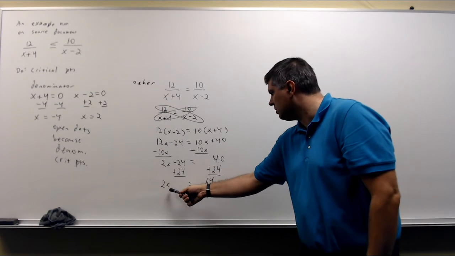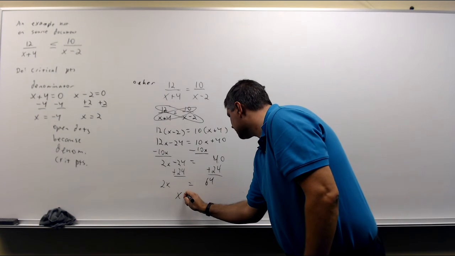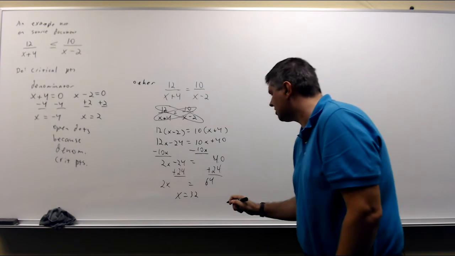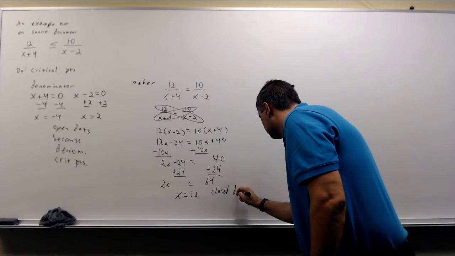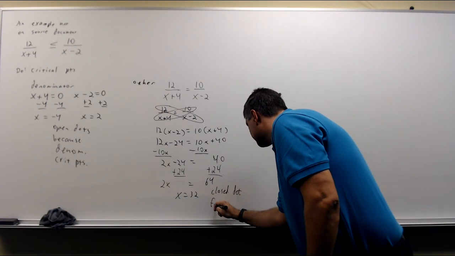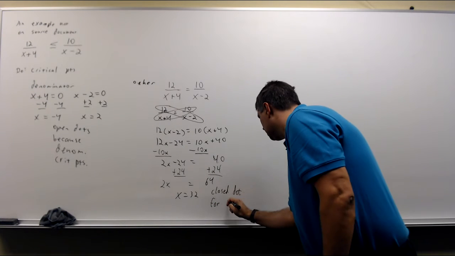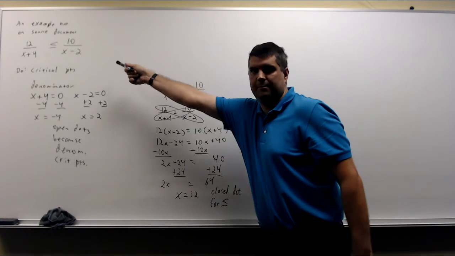Divide off the 2, divide off the 2, x is 32. And that's going to get a closed dot because of the or equal to in the sign.